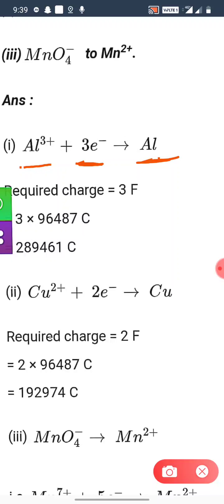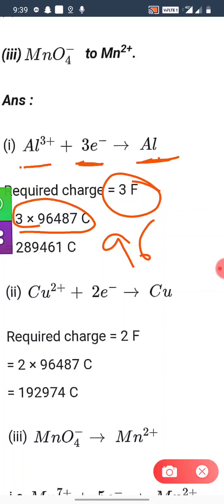So the amount of charge required here will be 3F. Now to find out the exact value, this 3 will be multiplied with the value of 1 Faraday. Here you can see the exact value of Faraday being used, that is 96487. But in this place you can also use 96500 coulomb to make the calculation easy.